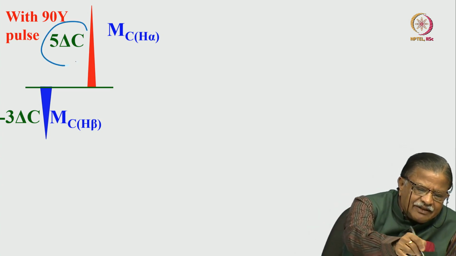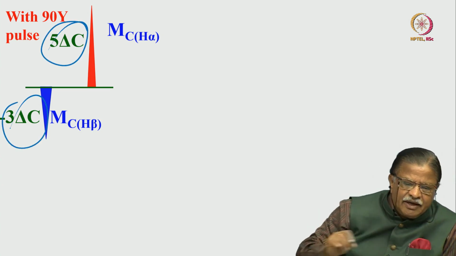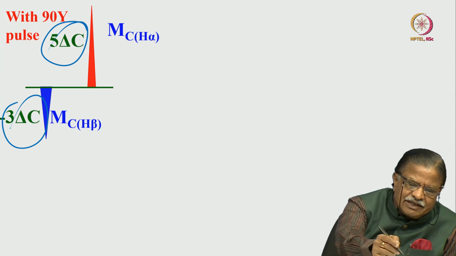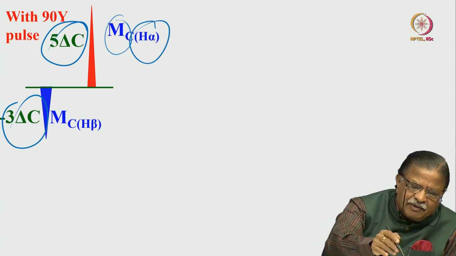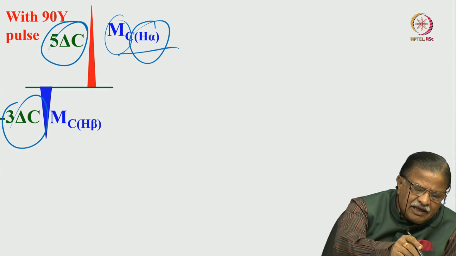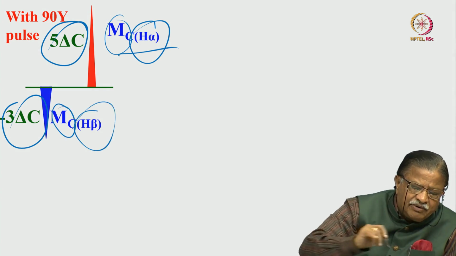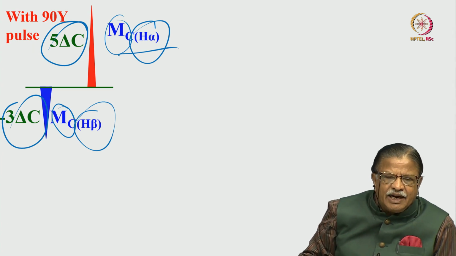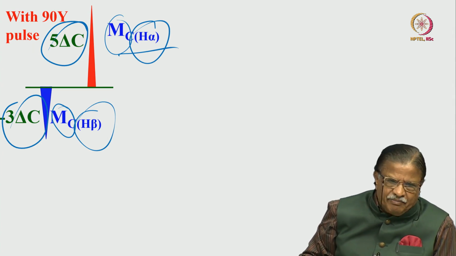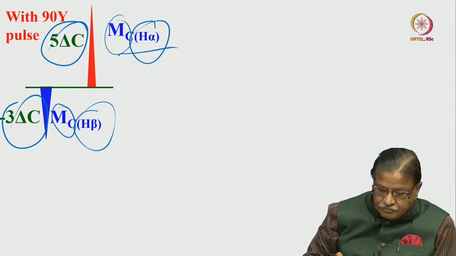We have signal intensity 5 and minus 3 for magnetization, which correspond to the carbon vector corresponding to H alpha orientation, and the carbon vector corresponding to H beta orientation. They have plus 5 and minus 3 orientations with one pulse, plus 90Y pulse.